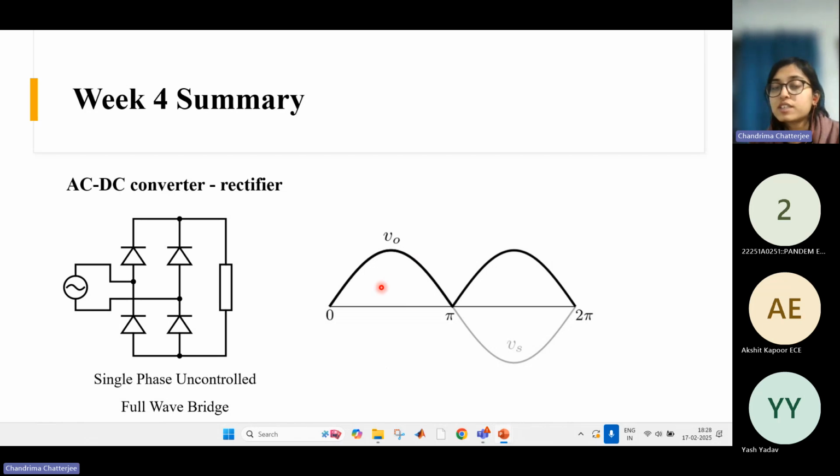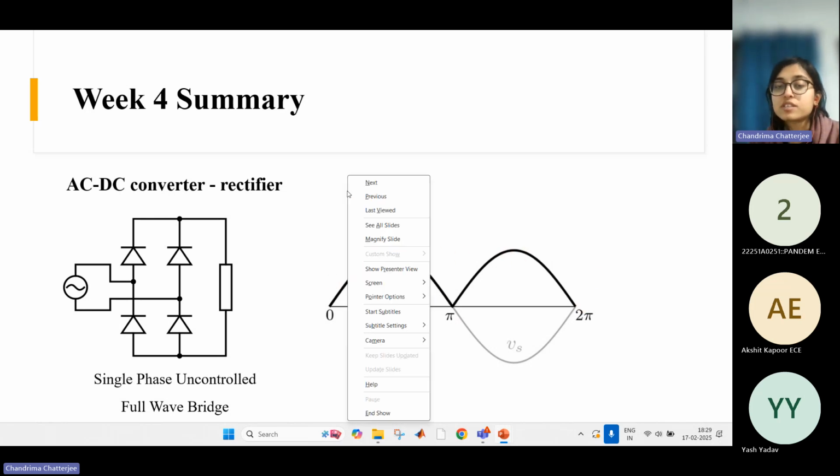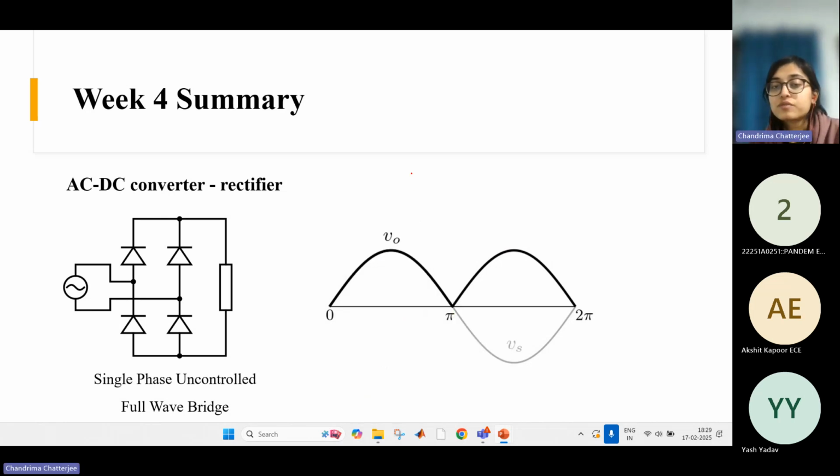Another point to be noted here is, although we are getting a DC voltage, there are still some pulsations, right? It is not pure DC. What is a pure DC? Suppose this is our time axis.